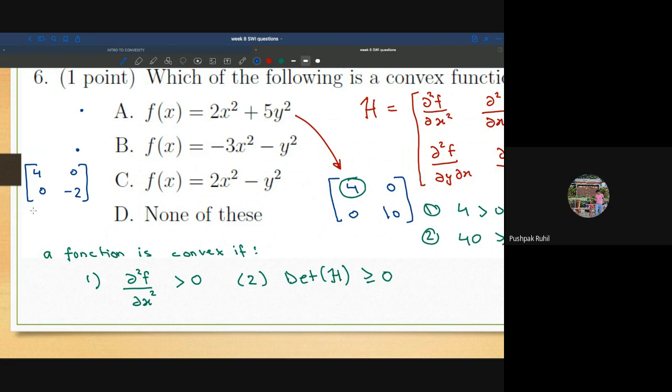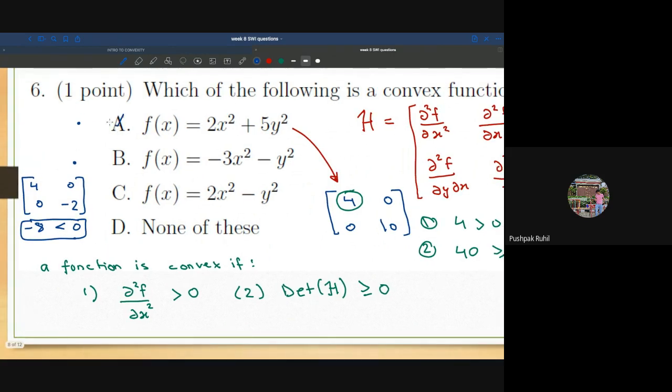But the determinant is equal to -8, and because of this, we will say that this is not convex. The determinant in this case is less than 0, which is not what we wanted. So that's why option A is correct, B is incorrect.